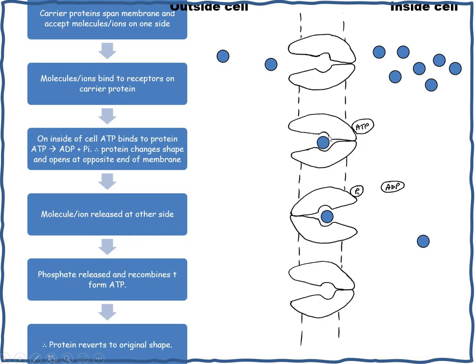Then the molecule will bind to the receptors on the carrier protein, and on the inside of the cell, ATP binds to proteins and is hydrolyzed to form ADP and Pi, and the energy released is used to change the protein's shape in order to open at the other side and release the molecule or ion on the other side. And phosphate is released and recombines to form ATP, and when that happens, the protein reverts back to its original shape.